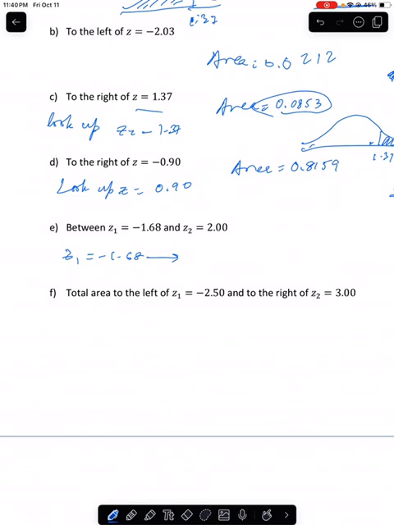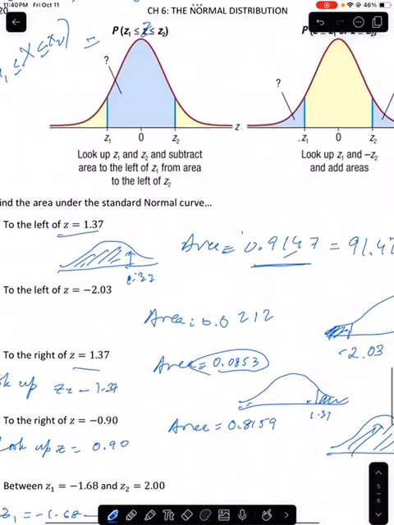It is clear that you are looking at the value of the table. So Z1 is negative 1.68.